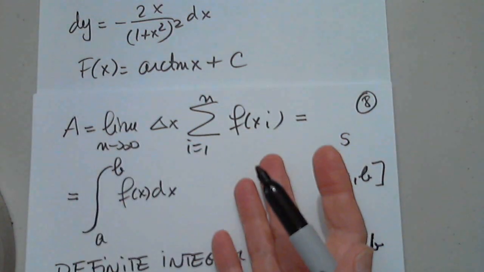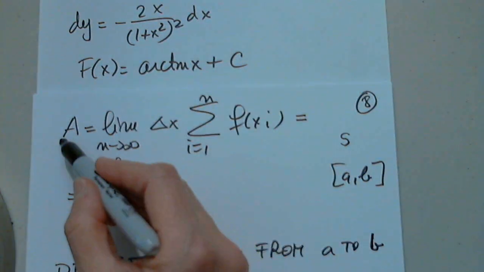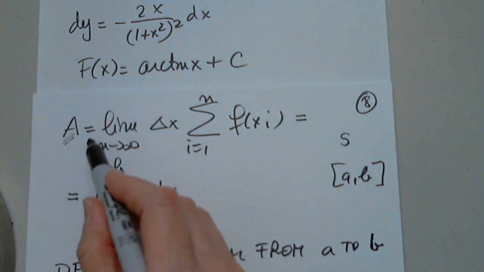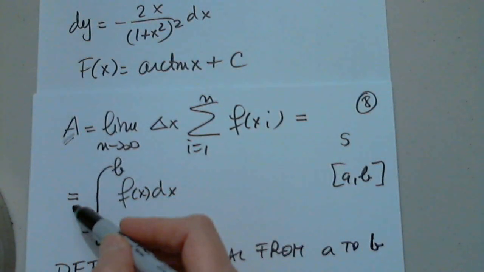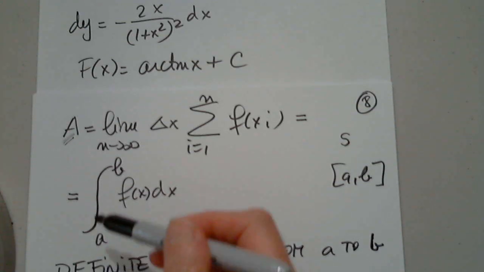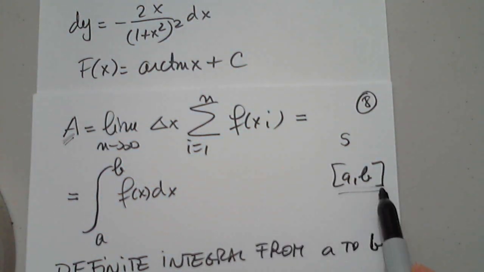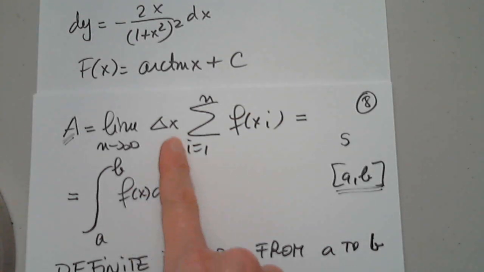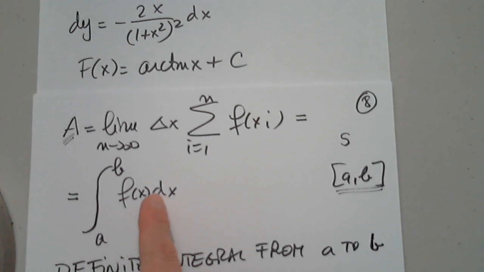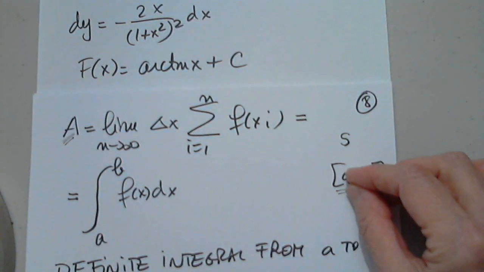Okay, so this is the same thing. Either the limit of the Riemann sum, the exact area, exact, no approximation, no squiggly symbol, equals the definite integral from a to b of f of x dx. It's still in the same interval, and it's still the product of base times height. Base times height plus base times height plus base times height for all those rectangles.